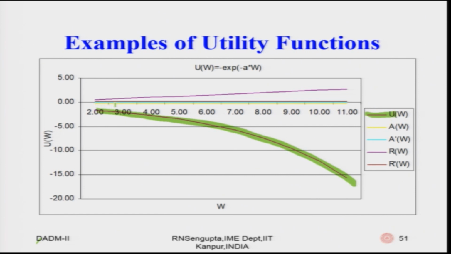I am not highlighting it, but I am pointing out this is the a value for the utility function. Then the greenish blue one is the a prime, then the violet one is r, and the brown colored one is r prime. For all these graphs, including the fourth graph, I am using the same color scheme in order to help you understand.